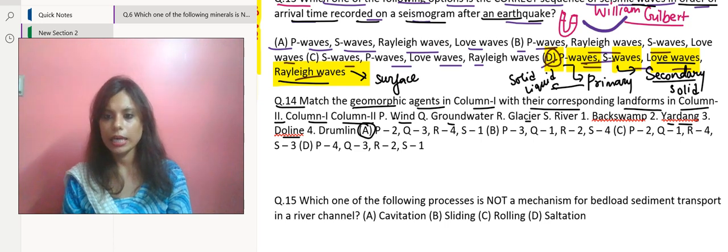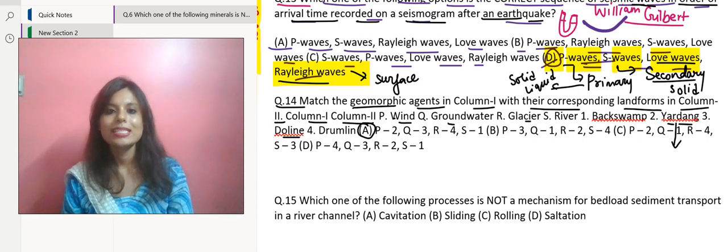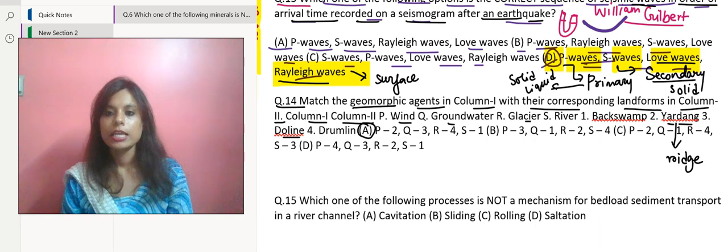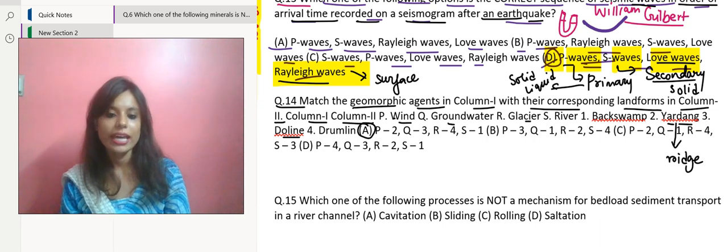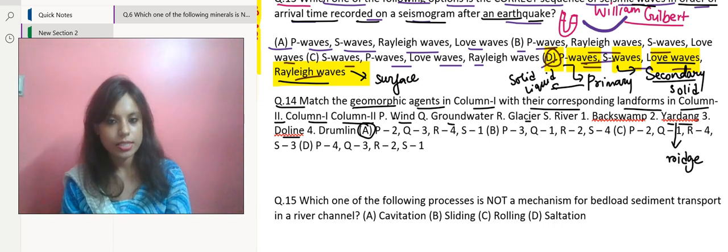A little bit about the Yardang. Yardang is a streamlined, wind sculpted ridge that is found in arid regions, meaning dry regions.